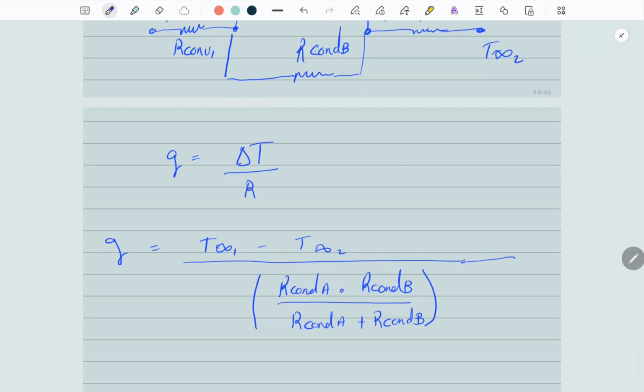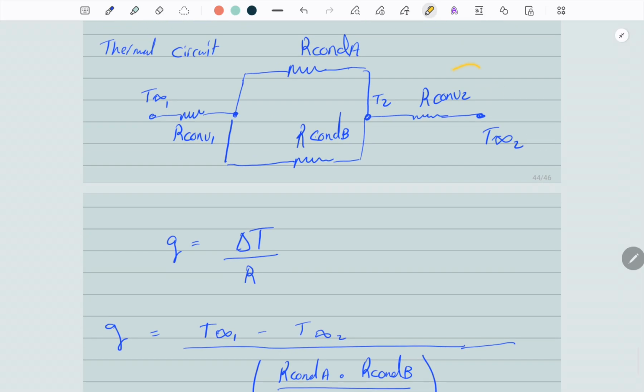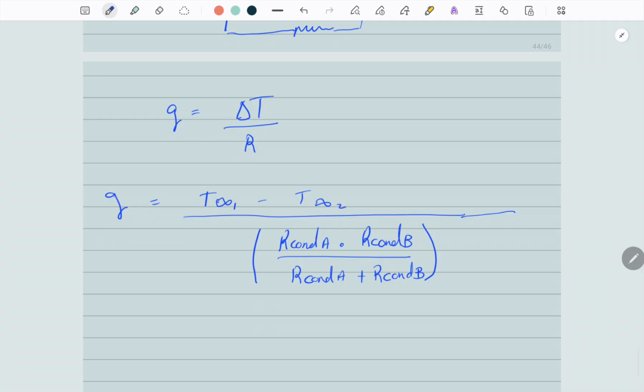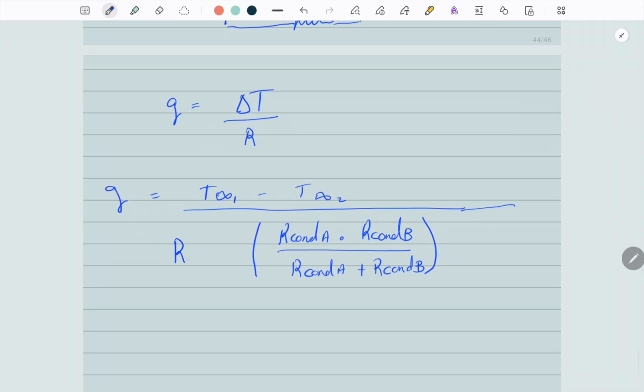The only thing that changed is the two convection resistances in series. Therefore, we'll add them to the total resistance, which will look like this: R convection 1 plus the resistance in parallel plus the second convection resistance in series.